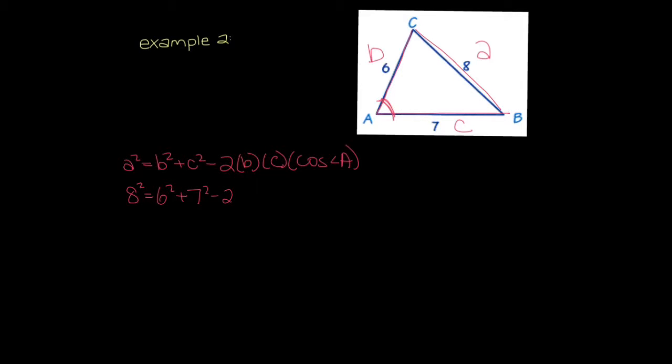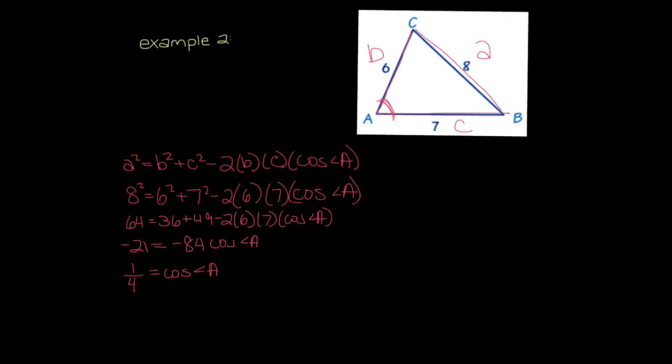Let's call this one side A, this one side B, and this one side C. This is angle A. The law of cosines states that a squared equals b squared plus c squared minus 2bc times the cosine of angle A. Plugging in the values that we already know, 8 squared equals 6 squared plus 7 squared minus 2 times 6 times 7 times the cosine of angle A.